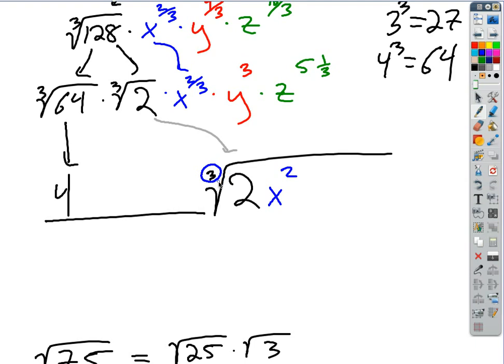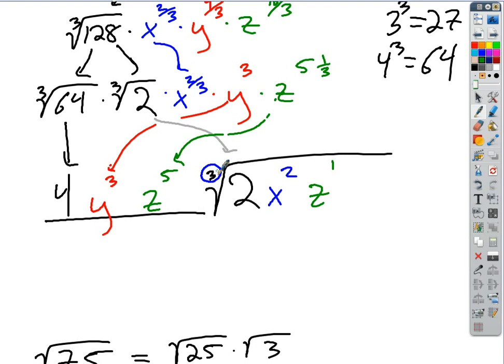Where does that go, do you suppose? Outside, yeah. And then the z to the 5 thirds? Both. The z to the 5 goes on the outside, and the z to the 1/3 goes inside, right? There's my z to the 1/3.